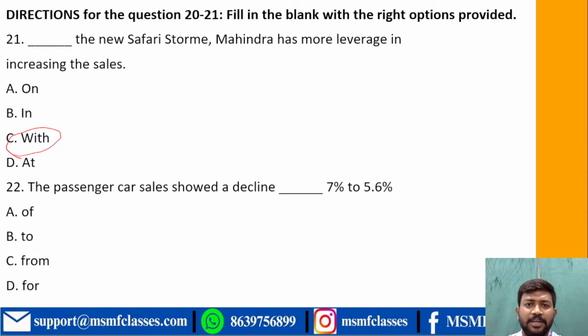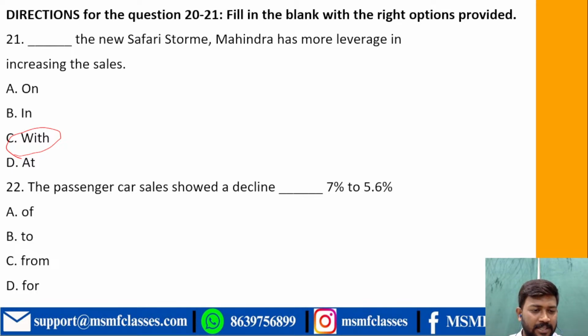The passenger car sales showed a decline dash 7% to 5.6%. Now can you just guess the answer? It is also very easy. So they have given option C as the answer. In the comments, I'm getting option C. Soumya has answered from.